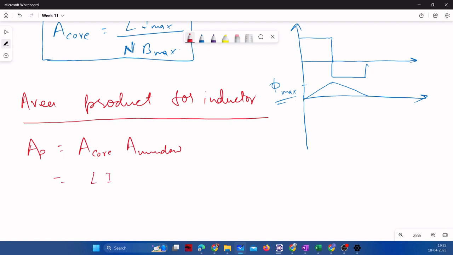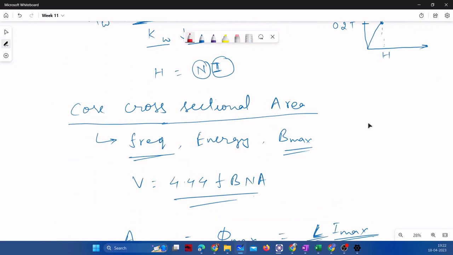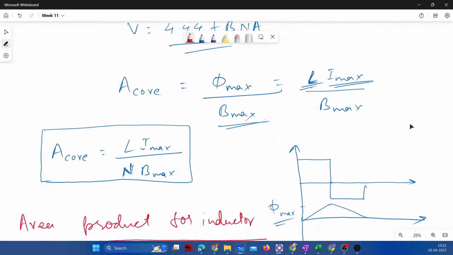A core is nothing but Li max divided by N B max, into area window, which was Ni rms divided by Kw into J max.